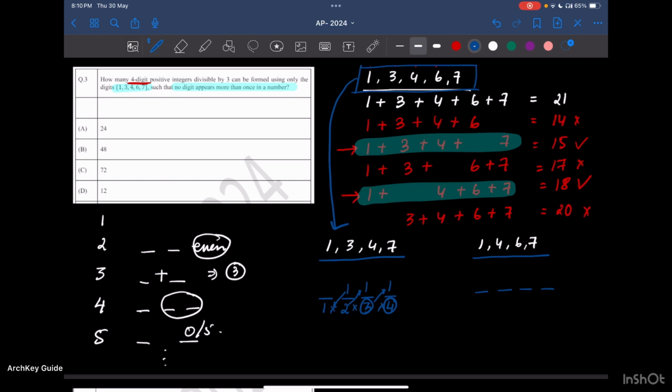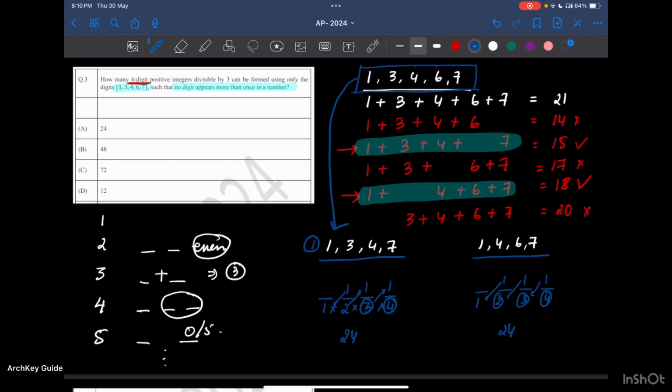How much do we get? 4 3s are 12, 24. Similar case again. 4 options. 1 is used. How much is left? 3. 1 is used, left 2. 1 is used, left 1. 24. So one thing you have to note here is there are two possible combinations.